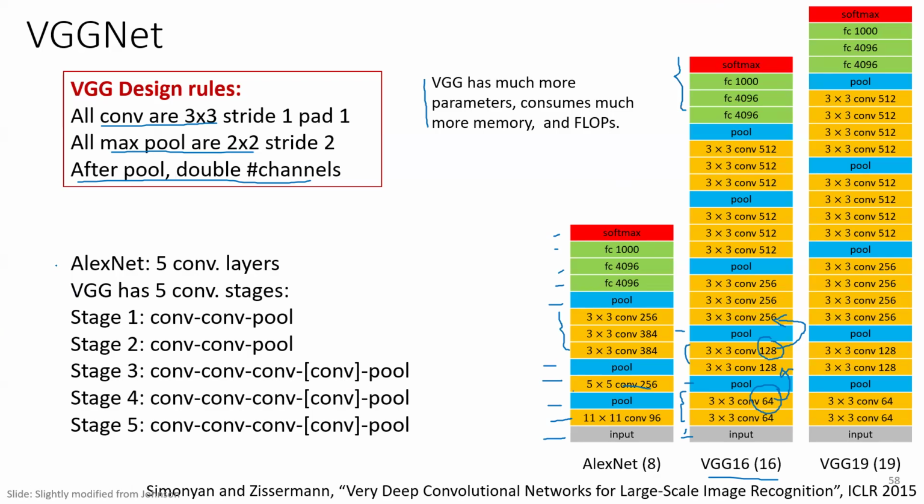So if you compare with AlexNet with 5 convolution layers, VGGNet has 5 convolution stages, as you can see. You can see 5 stages over there, 5 stages over here. And stage 1, conv pool, stage 2, conv pool, and there's one more convolution if you go to VGG19, as you can see from here.